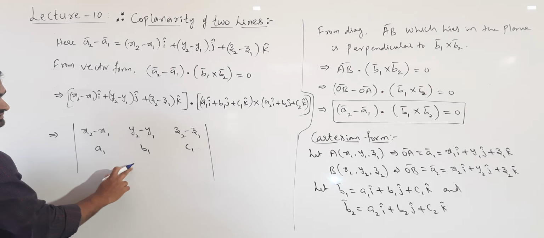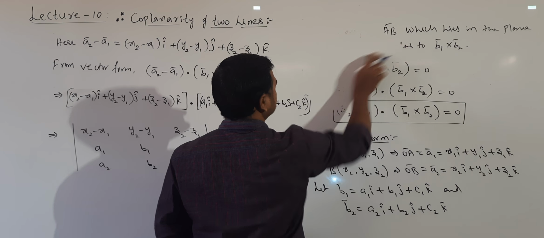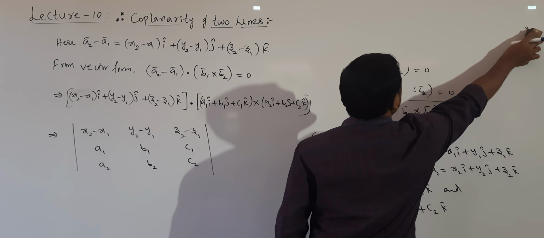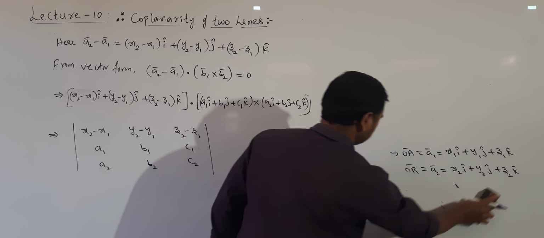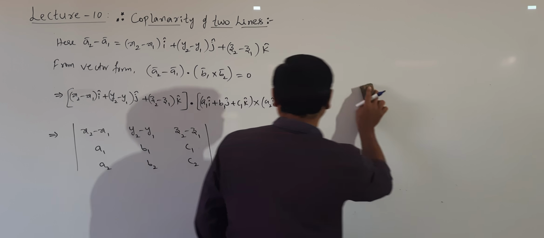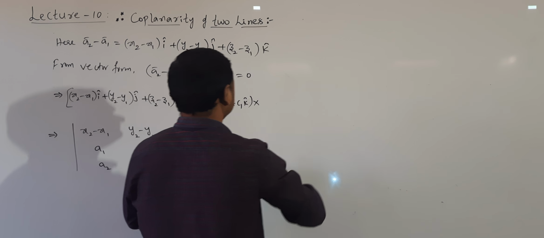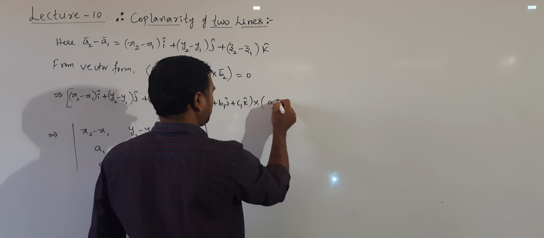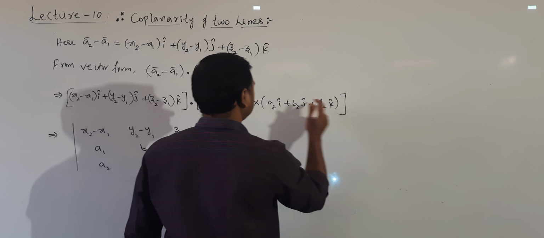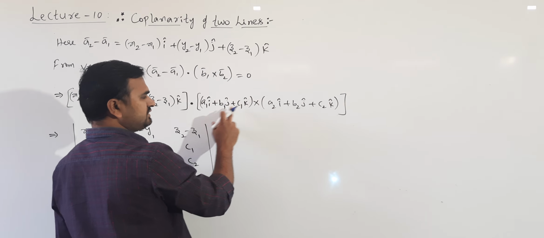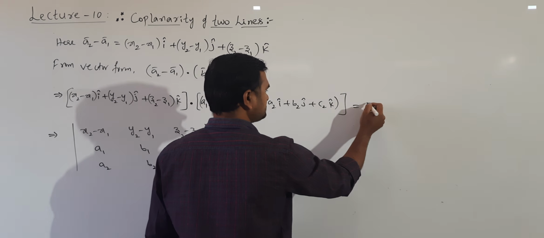Most of the students will stop here only. But is it correct? You have to write that it is equal to 0. Here the condition is that it must be equal to 0. This is B1 cross B2, and B1 cross B2 is equal to what we have: 0.